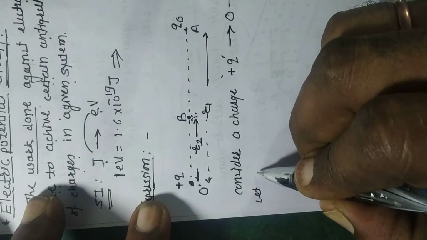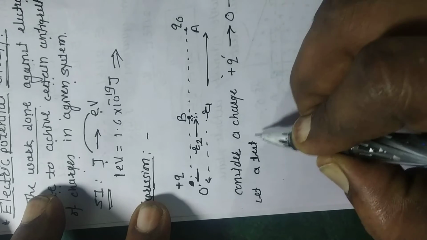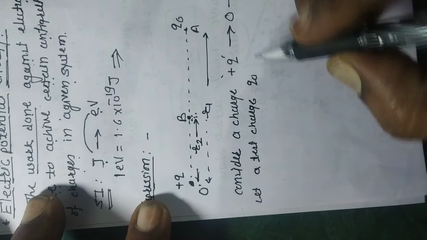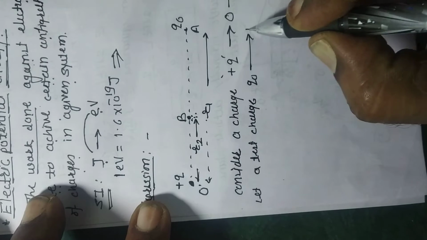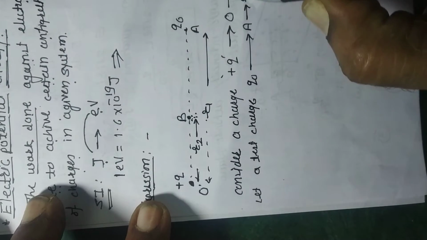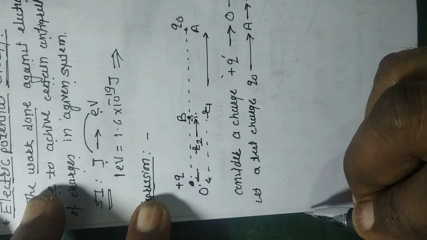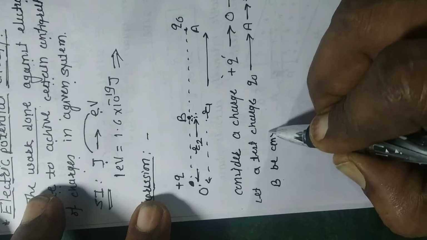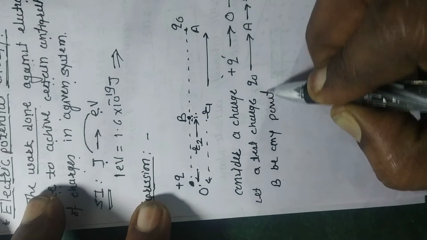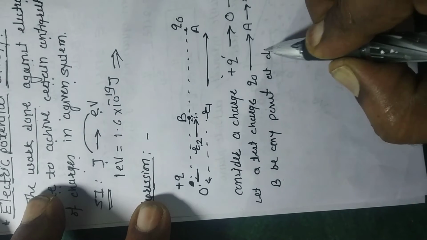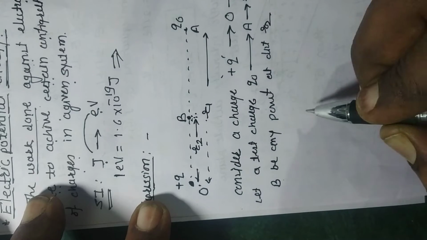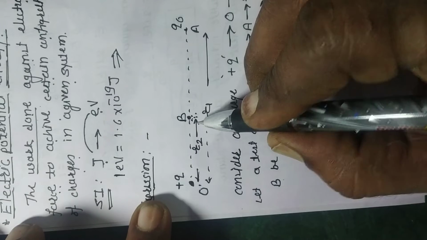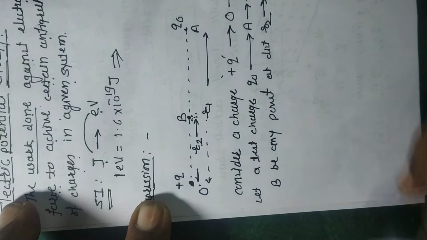Let a test charge Q naught be placed at A at distance R1 from O. Let B be any point at distance R2 from O at which electric potential energy is to be determined.